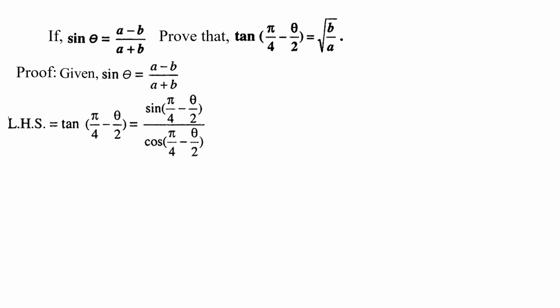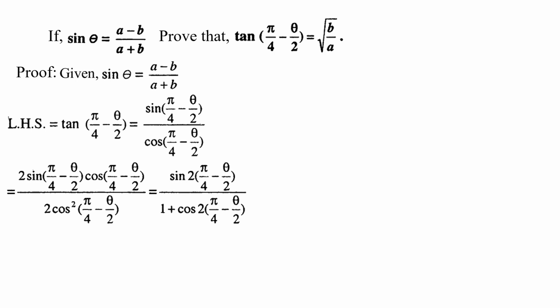So I write this. Now using the formula of sin 2a equal to 2 sin a cos a, in this line, in numerator and denominator, we multiply both by 2 cos pi by 4 minus theta by 2, because we want to get the formula sin 2a equal to 2 sin a cos a.